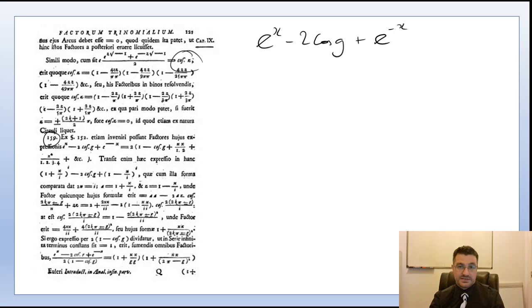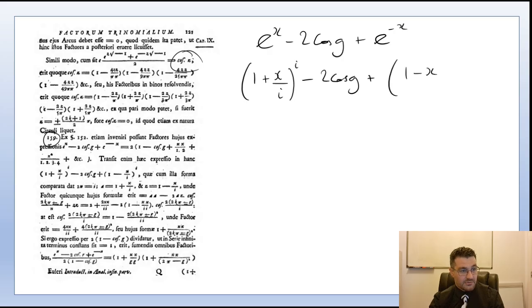Compares this with section 153, where he takes, so this effectively becomes 1 plus x over I to the power of I minus twice cos g plus 1 minus x over I to the power of I.